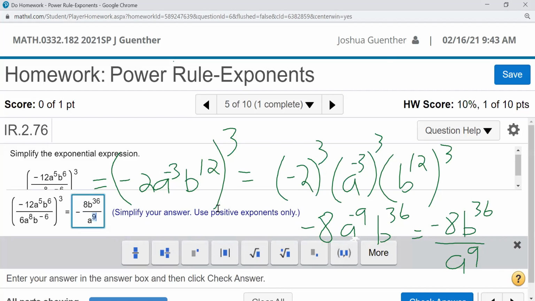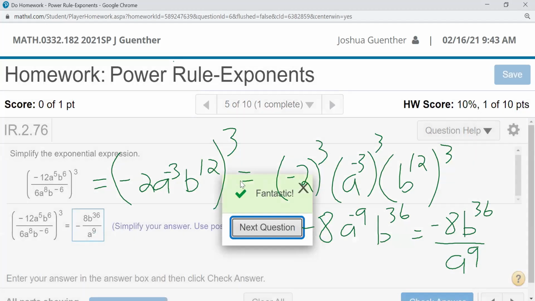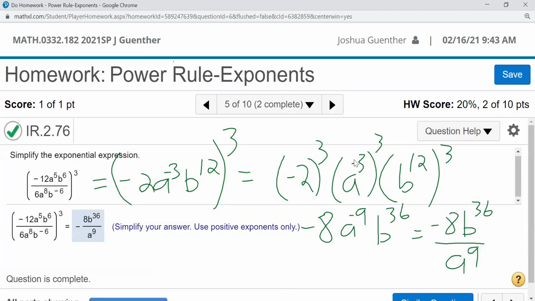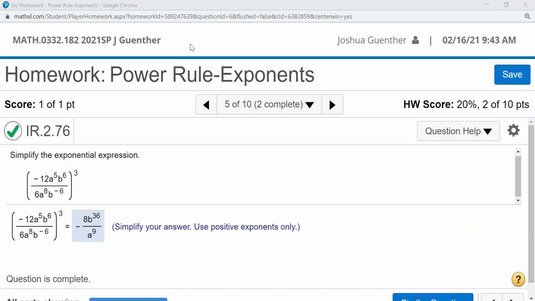A to the 9th. So yeah, I just forgot to put this negative sign here. My mistake. So that one was a pretty good problem to do. Let me see if I can find some nasty ones.